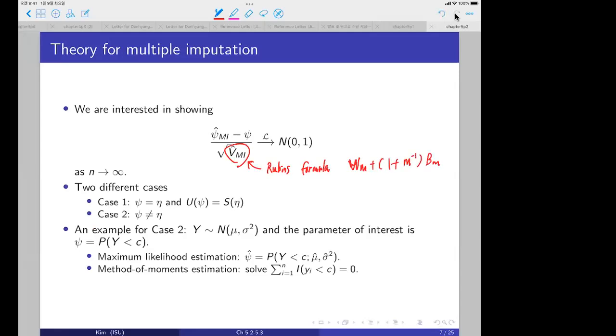Okay, that is what we have for MI. And actually we need M to go to infinity.